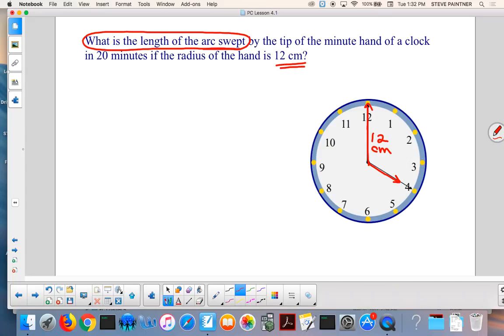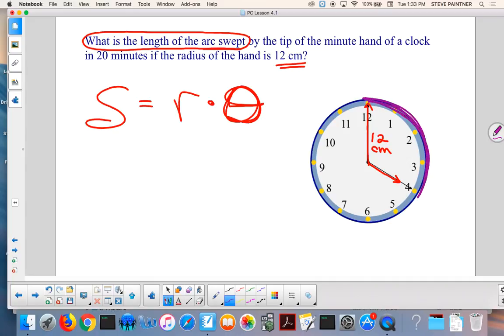I just did a problem like this with you. Start with the formula. Isn't that what you're looking for?